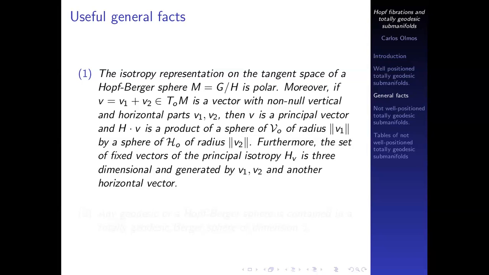This fixed set contains V1, V2, the normal space of the principal orbit is fixed, and then it contains also a horizontal direction. So in that way one constructs, because fixed points of isometries correspond to a totally geodesic submanifold, in this way, this would be an important totally geodesic three-dimensional submanifold.